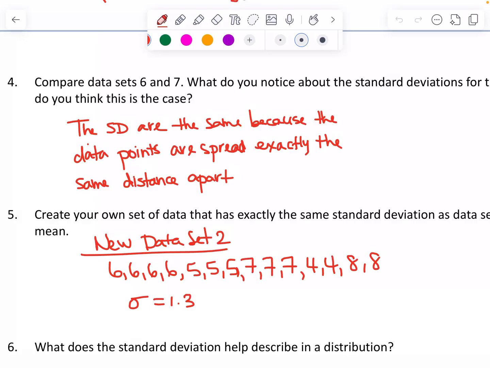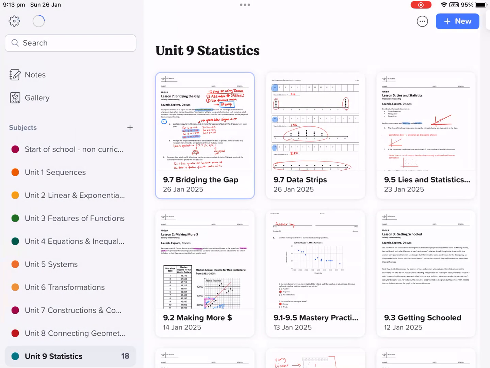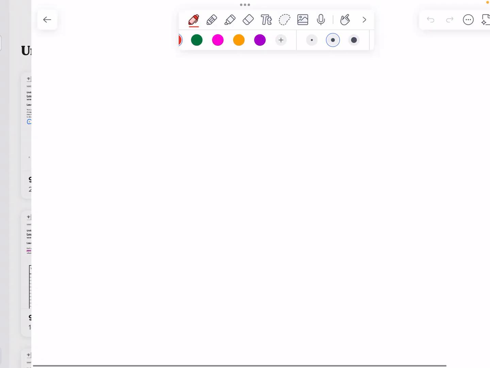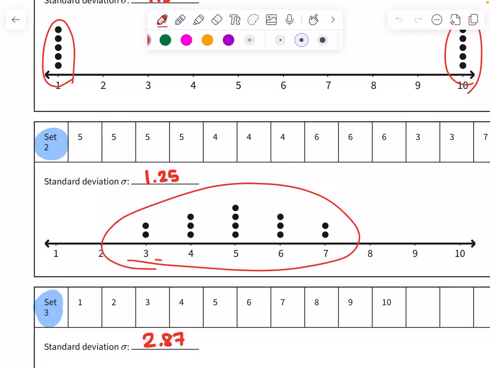So here's our mean right here. The mean would be, you would add them all up and divide by how many they are. I'm pretty sure you would get 5. Let me do that really quick.